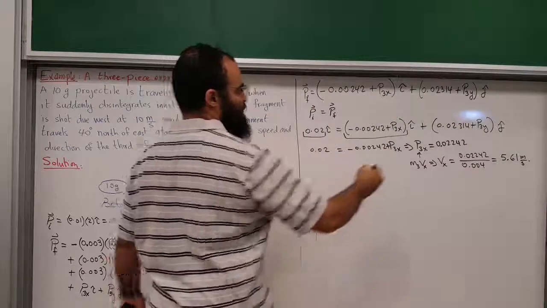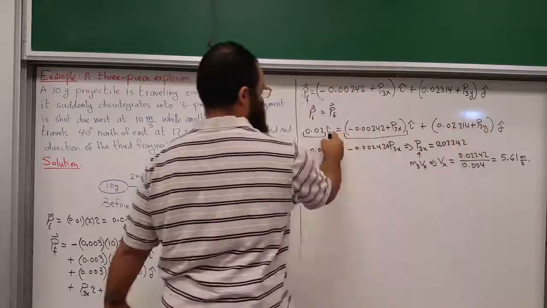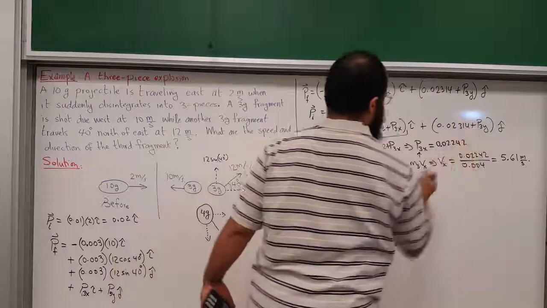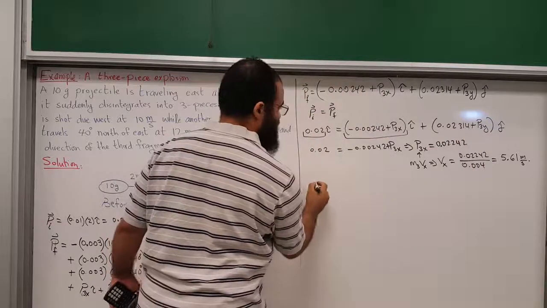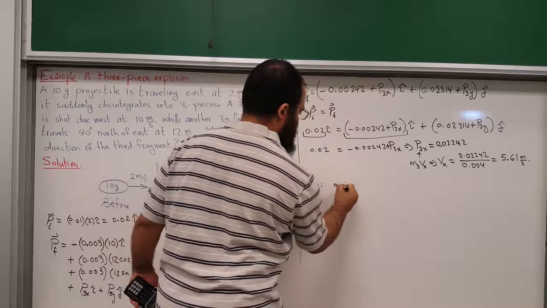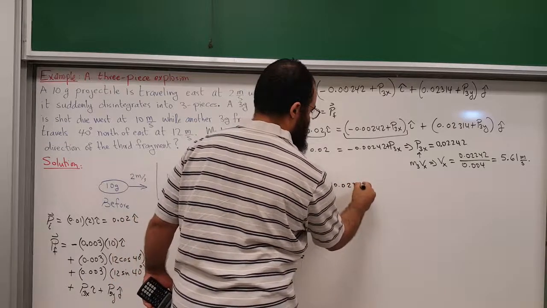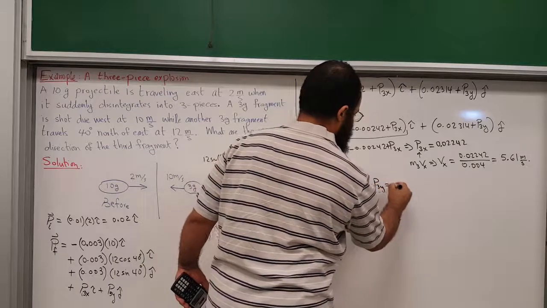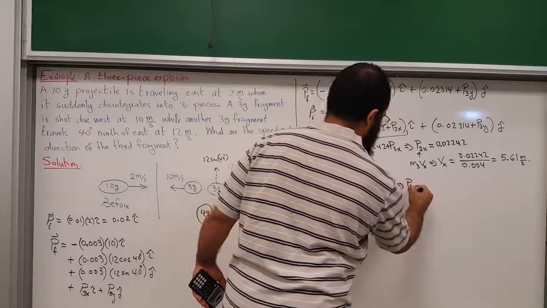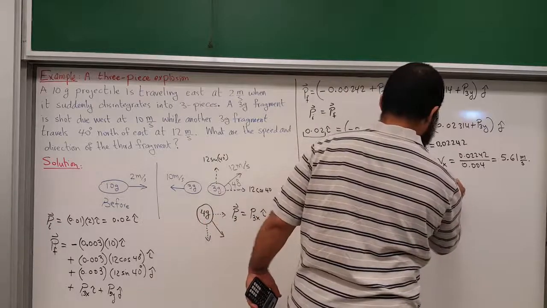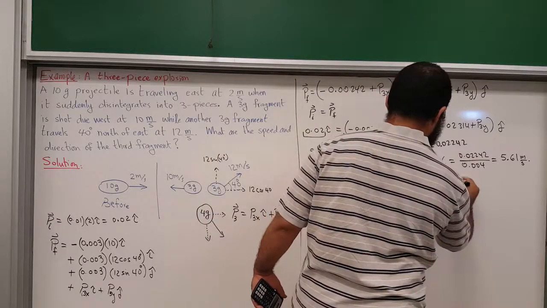And now we're going to match this with the j component here, that's 0. So this and this have to add up to 0. So we get 0.02314 plus P3y equals 0. So P3y will be negative 0.02314.